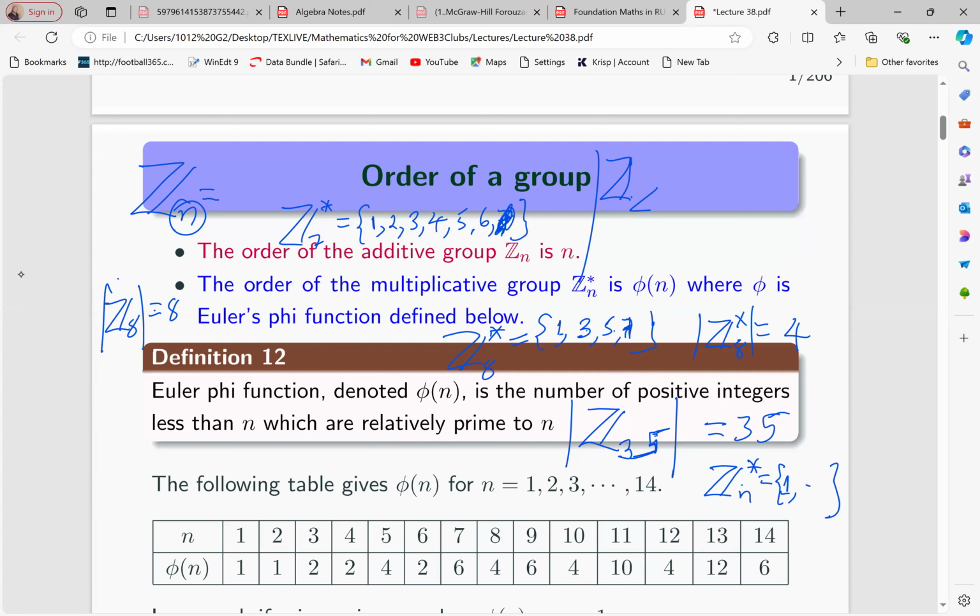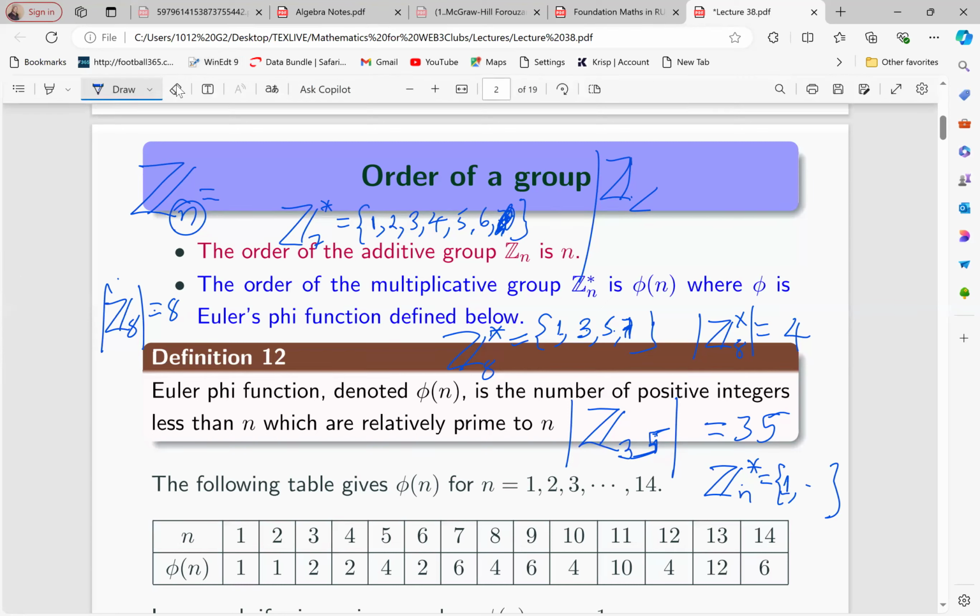But if it is a multiplicative group like this, the one with a star, there are a few things we have to look at for us to tell what the order is.